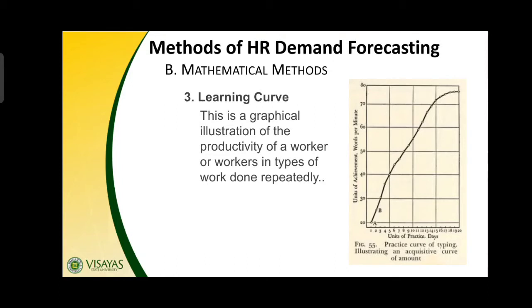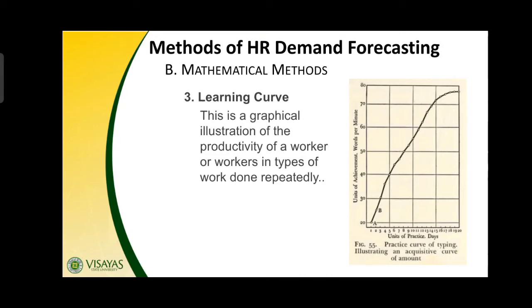This theory proposes that a learner's efficiency in tasks improves over time the more the learner performs the task. So, a worker that performs a task for the second time, of course, is faster than when he did it for the first time. Workers become more efficient as they learn. So, this change in the productivity ratio will have an effect on the forecasting of manpower demand.